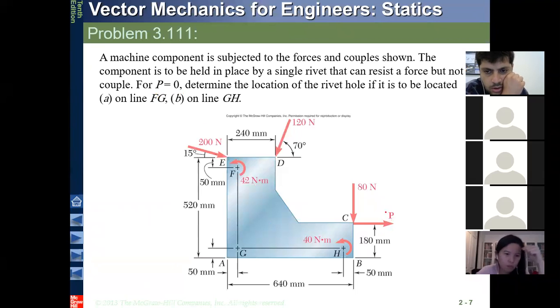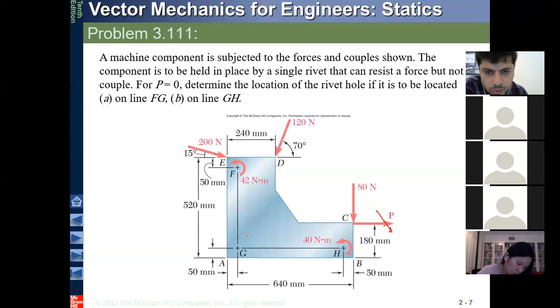So we can eliminate this force, and then you can have a hole in this machine component that can stand the force, but not the moment. So the machine component can rotate around that point, but you can't change the position by exerting force on it.